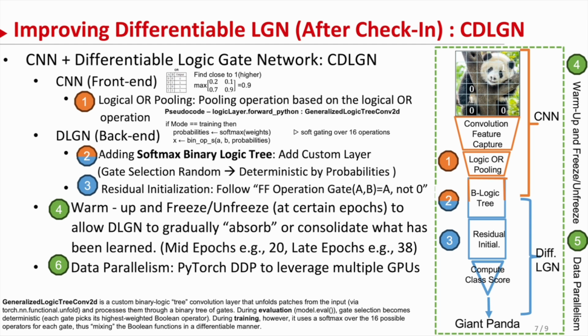The second, and most important, improvement I have is adding a softmax binary logic tree. Long story short, this is just for the gate selection, which originally was random and is now determined by probability. Because this is softmax, each gate learns a mixture of the Boolean operations.